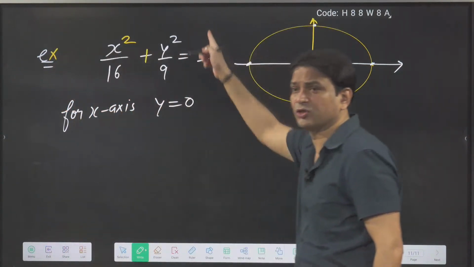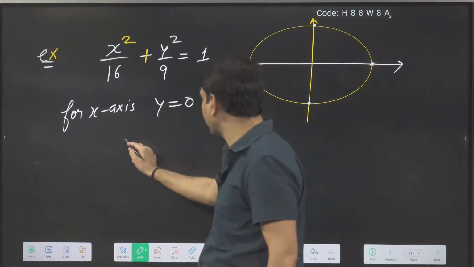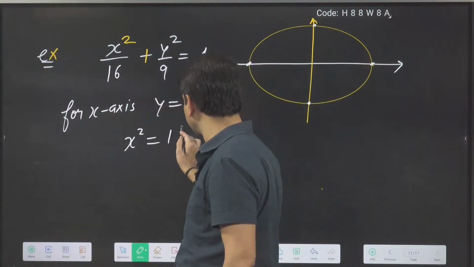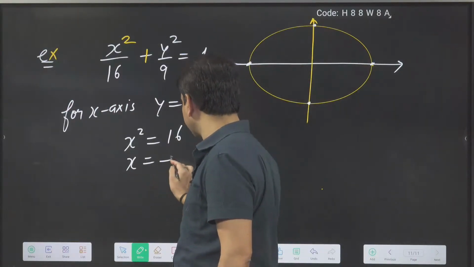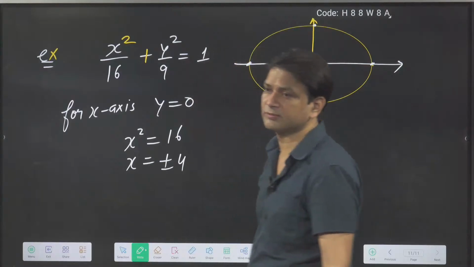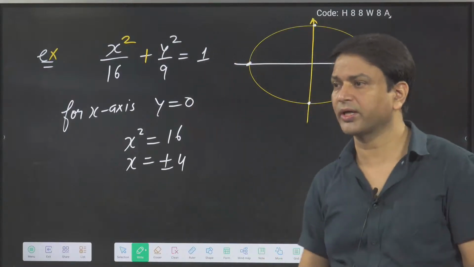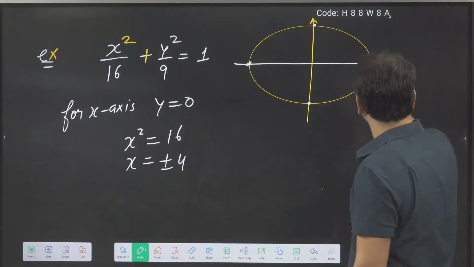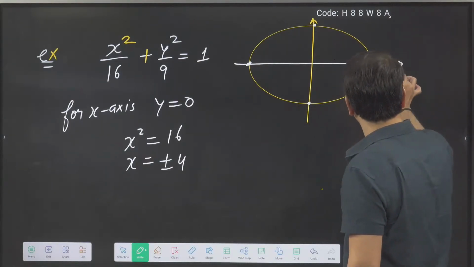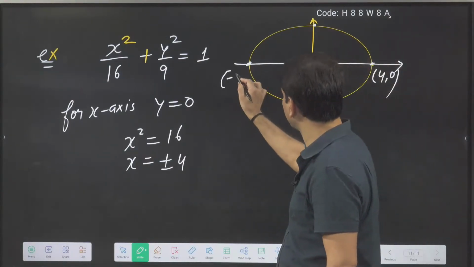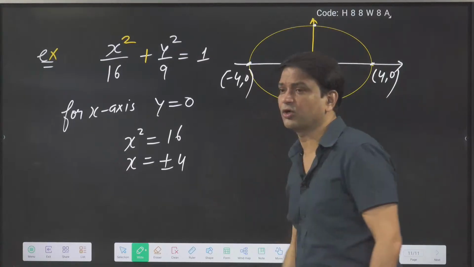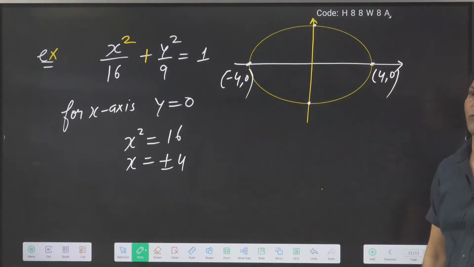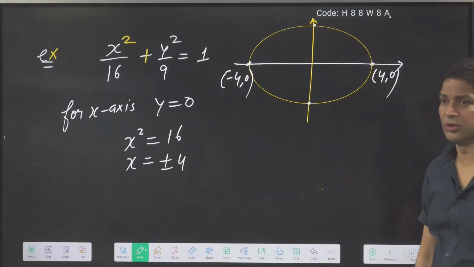If I put y is equal to 0 here, then I will get x square is equal to 16, so x is plus minus 4, because minus 4 square is also 16. So the graph will cut the x-axis at 4 comma 0 and minus 4 comma 0.